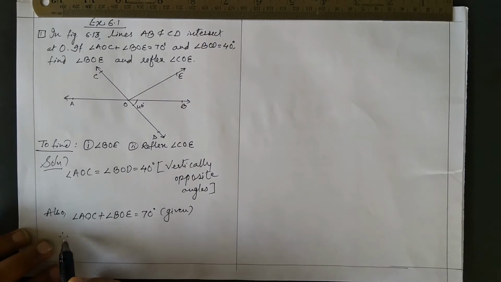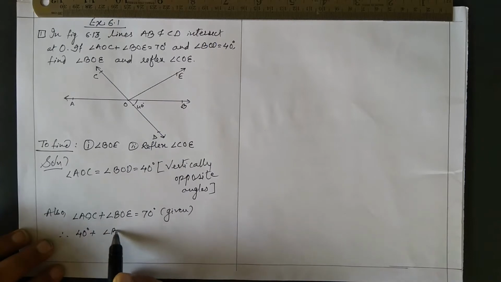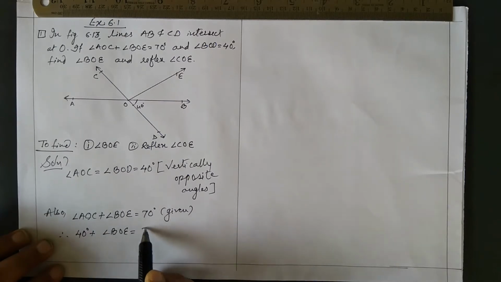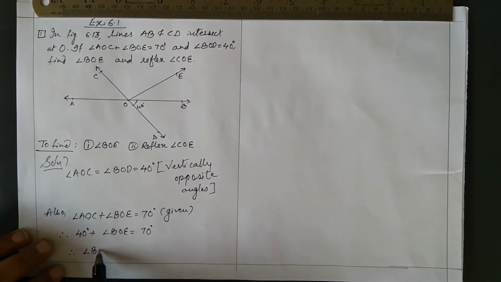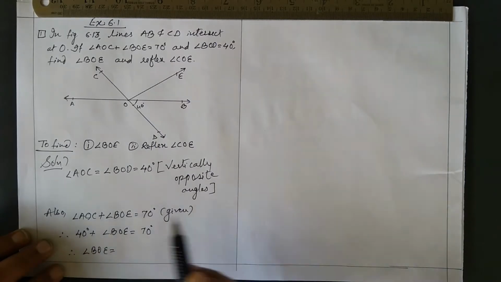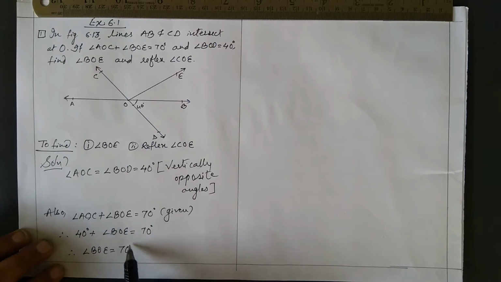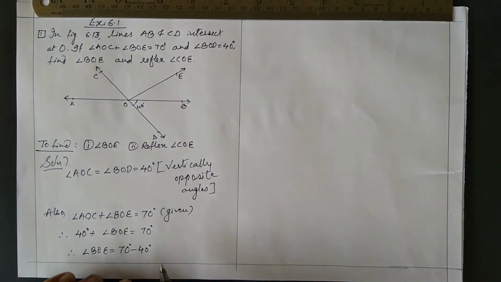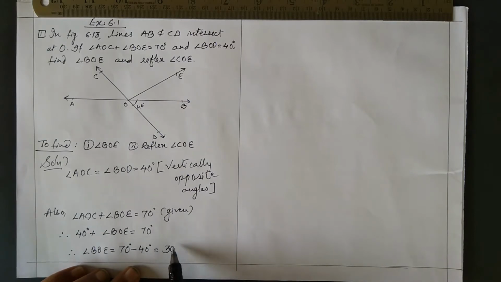Now therefore substitute angle AOC, 40 degrees, plus angle BOE is equal to 70 degrees. Therefore angle BOE, 40 will go to that side, equals 70 degrees minus 40 degrees, which is nothing but 30 degrees. So you got it.